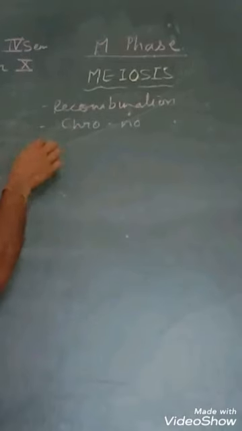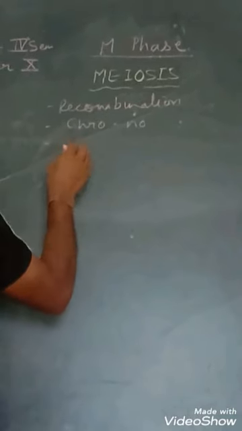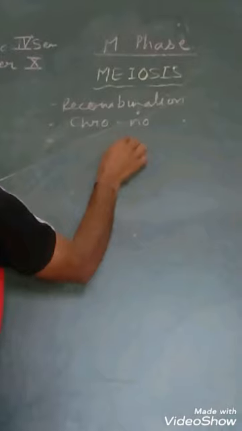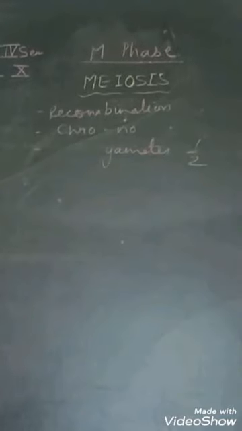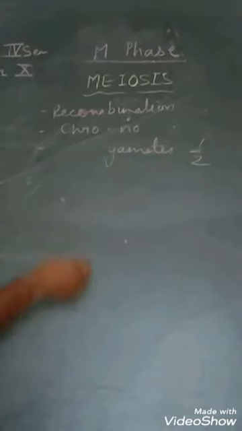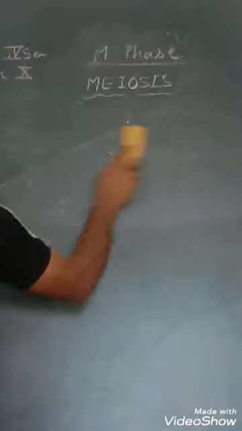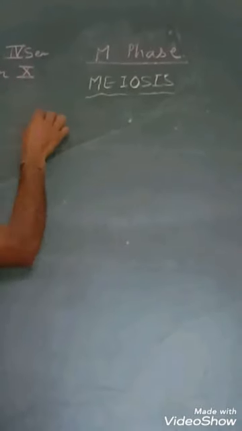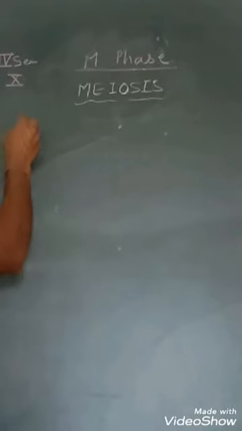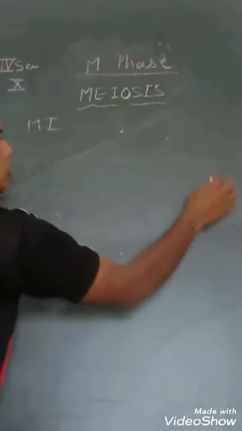Because of that purpose, the gametes receive just half the chromosome number as that of the parental cells. Now, just revising, meiosis can be divided into two stages: meiosis 1 and meiosis 2.